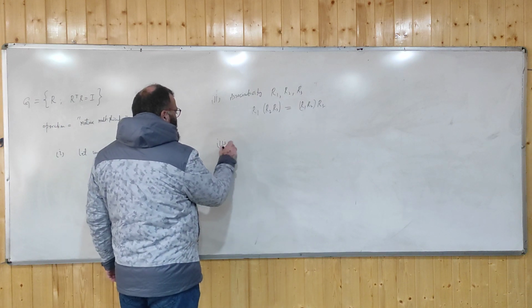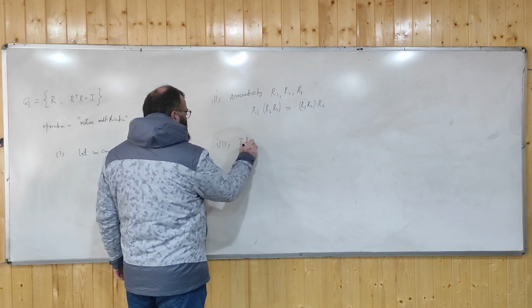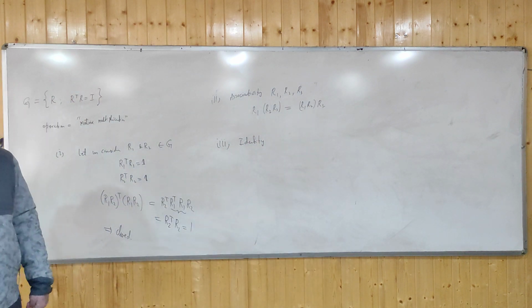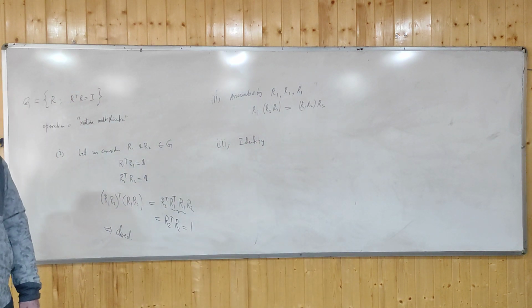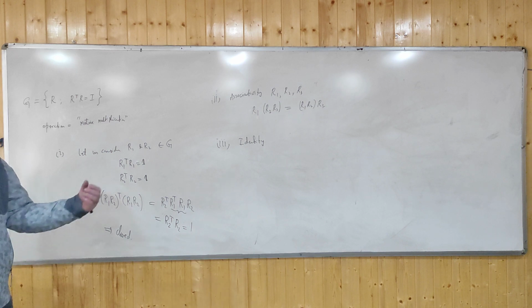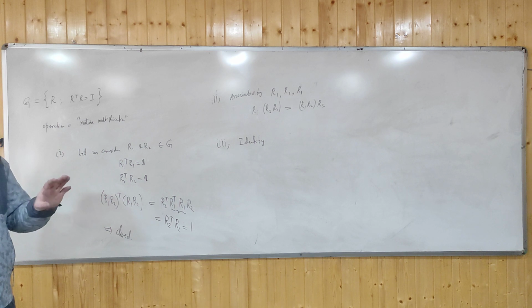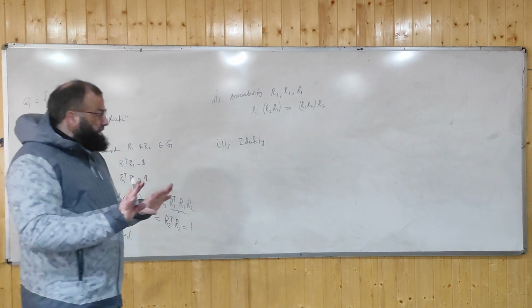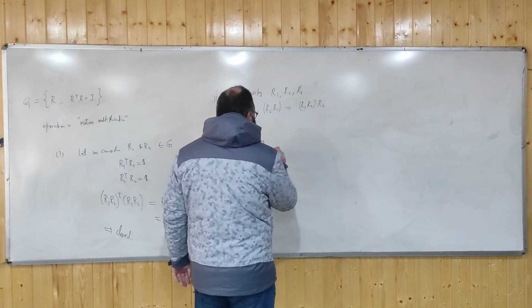Third is the identity. Can anybody tell me what the identity is here? You have a matrix multiplication, so under matrix multiplication, what is the identity? The identity matrix. Now we need to understand physically what the identity matrix means.